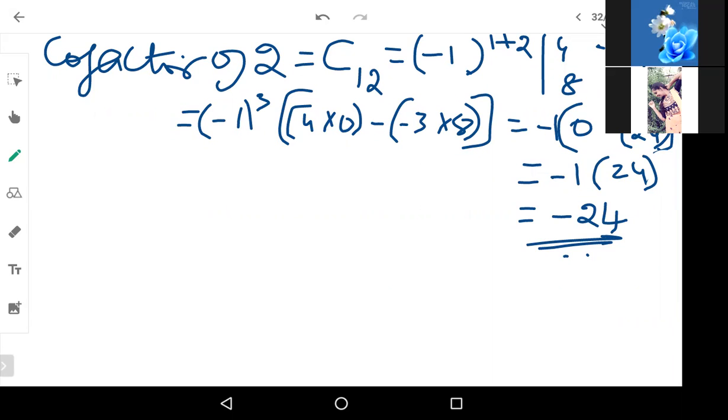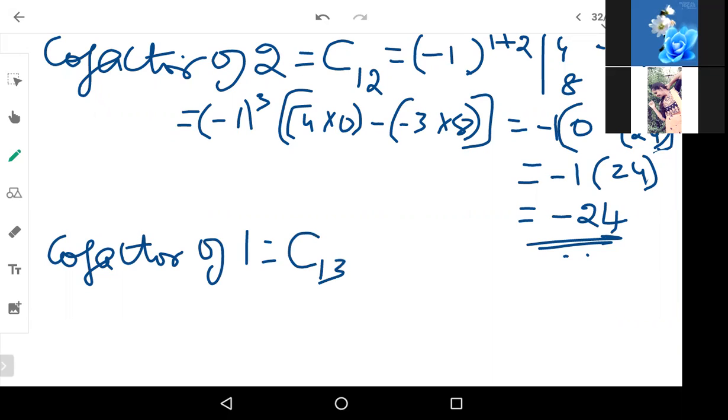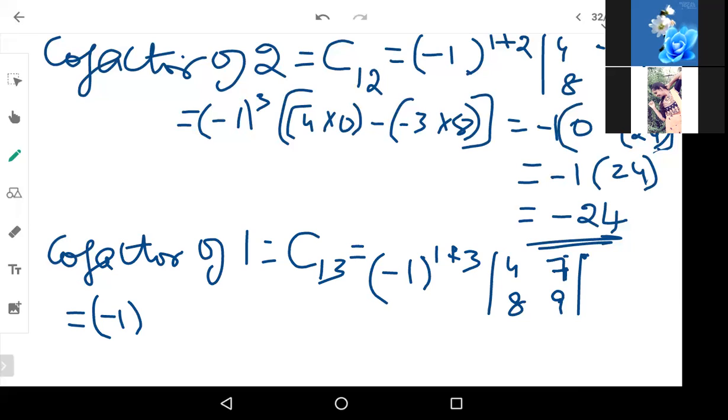Okay, great. Now, cofactor of 1. Now 1 is in first row, third column. So what will be? Minus 1 to the power of 1 plus 3. So what will be the minor here? 4, 7, 8, 9. Now solve this quickly. Minus 1 to the power 4 into 4 into 9 minus 8 into 7.